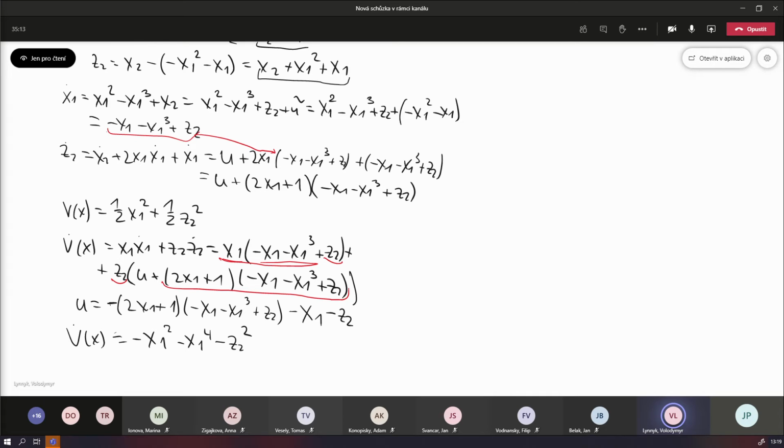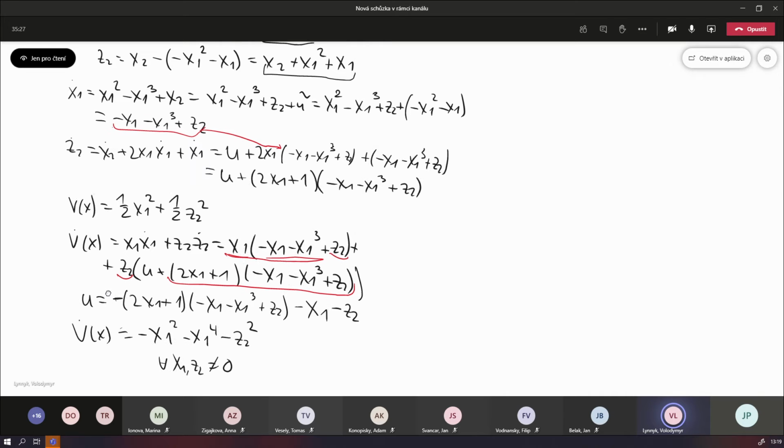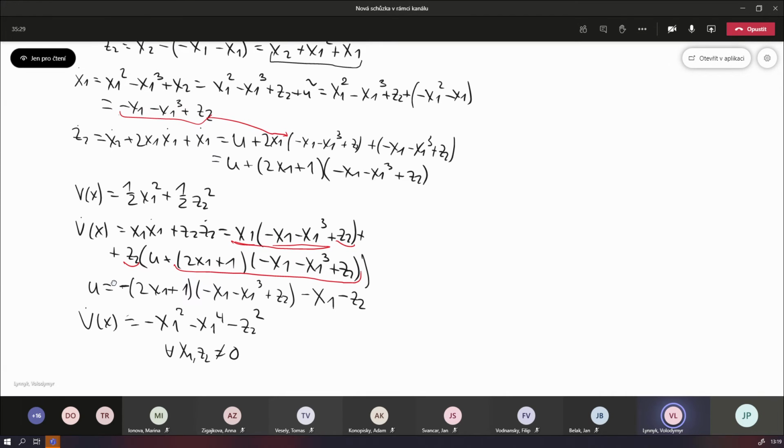And we know that for all x1, z2 not equal to 0, V dot is negative definite, and the system is globally asymptotically stable.